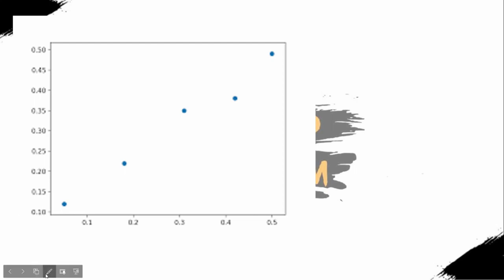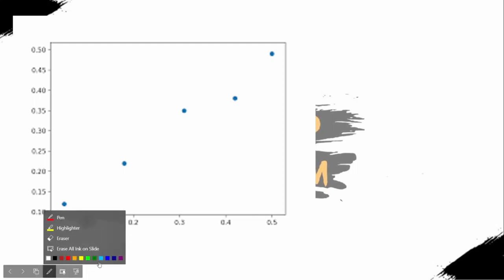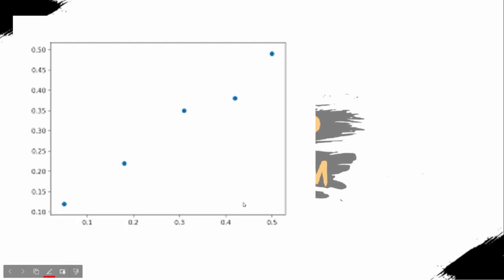For the time being, let's see this graph. We had dealt with this graph, or these data points, earlier in linear regression. I could easily draw a curve like this, like this, like this.